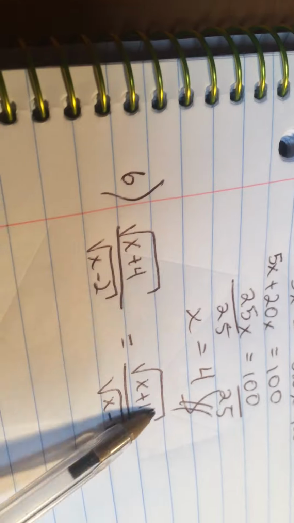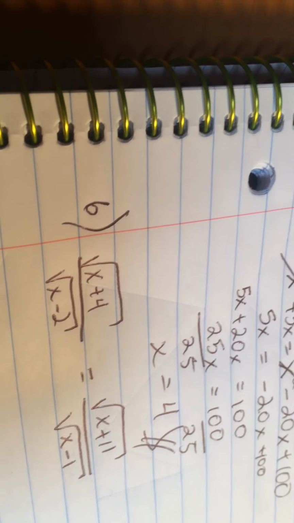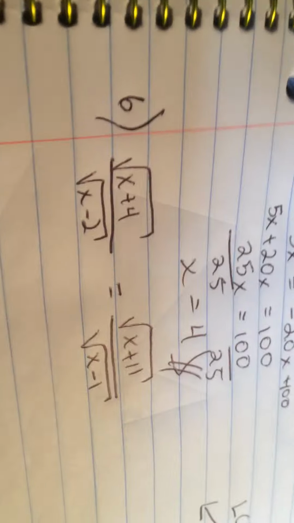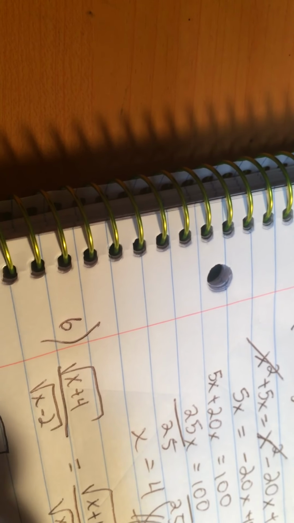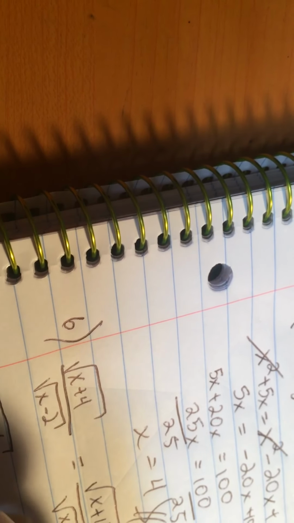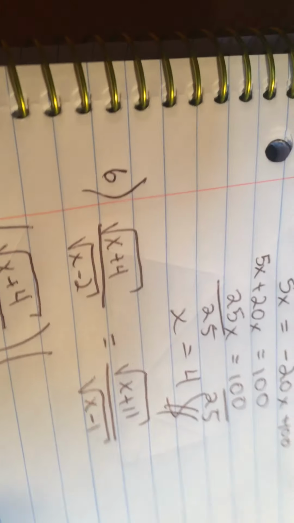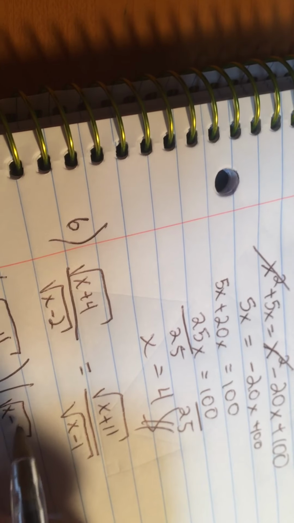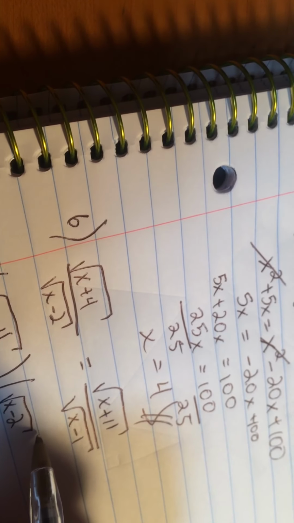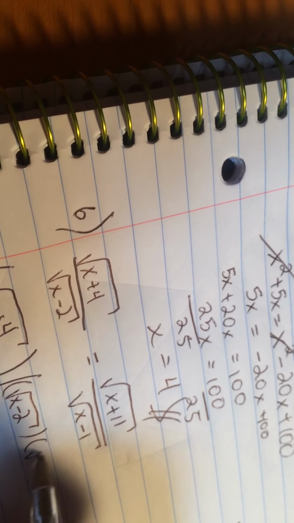So that means that we need to multiply this on both terms so that we can start to simplify. So let's bring it here. X plus 4, x minus 2. And then we multiply times the least common denominator, which is going to be square root of x minus 2, square root of x minus 1.